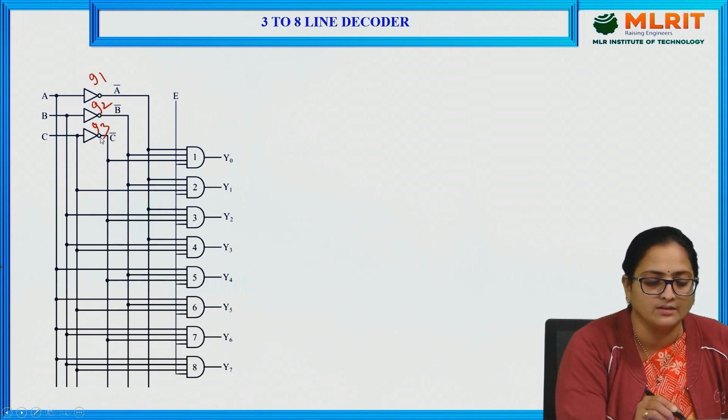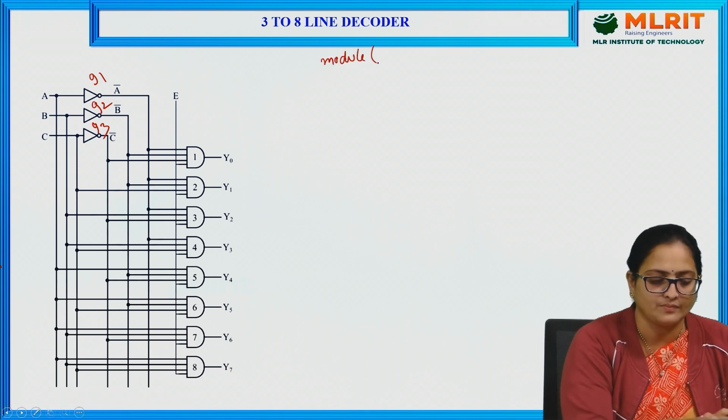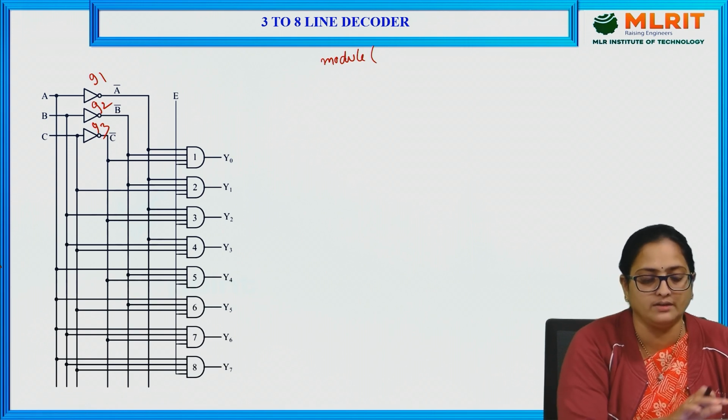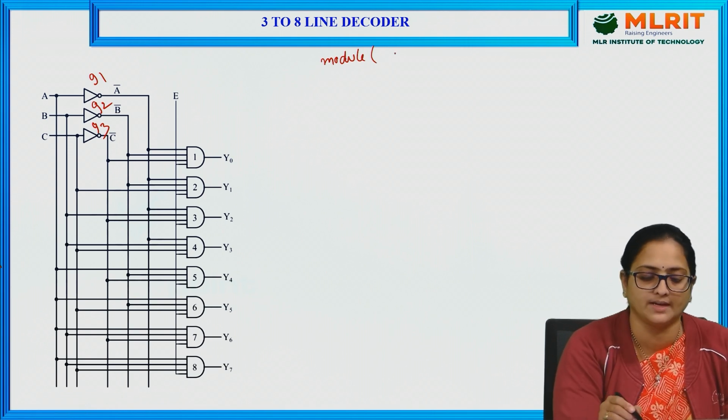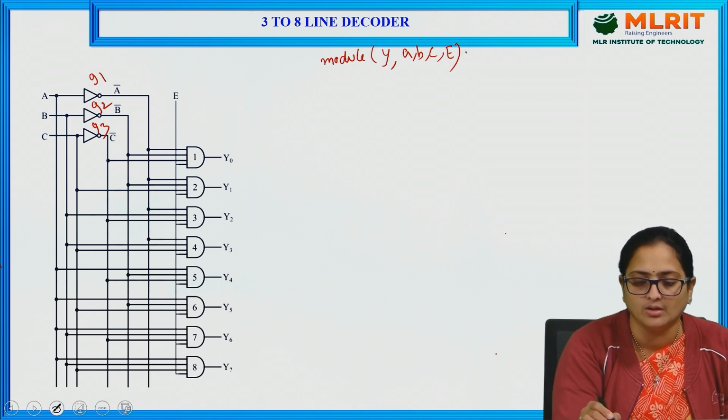See here, you need to start with the keyword called module first. So, module, and for this module, A, B, C, Y, E are the ports. So, I am declaring outputs are Y and inputs are A, B, C and enable is an input port.